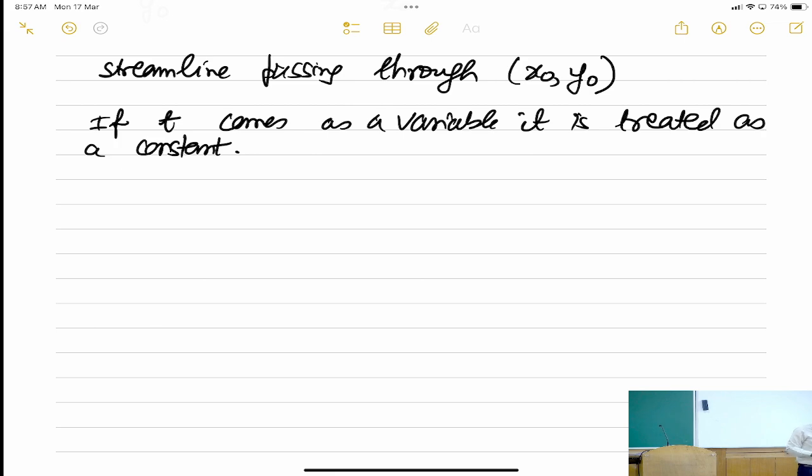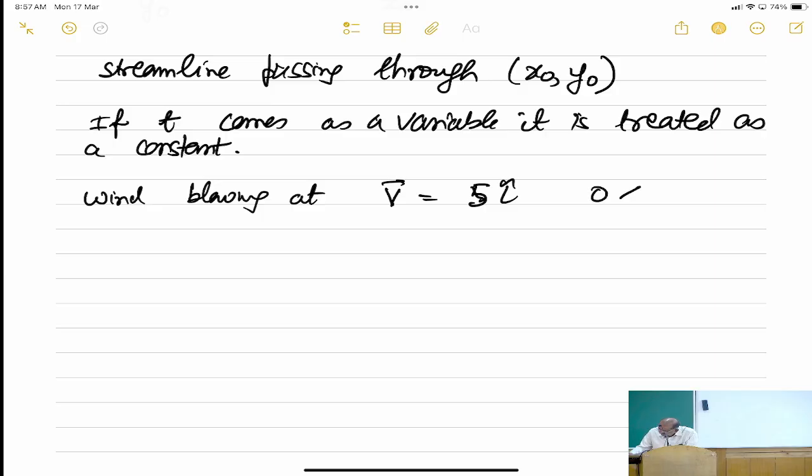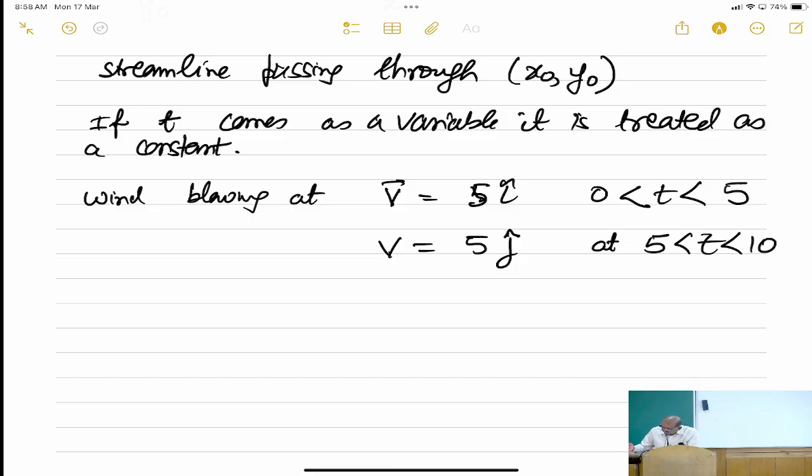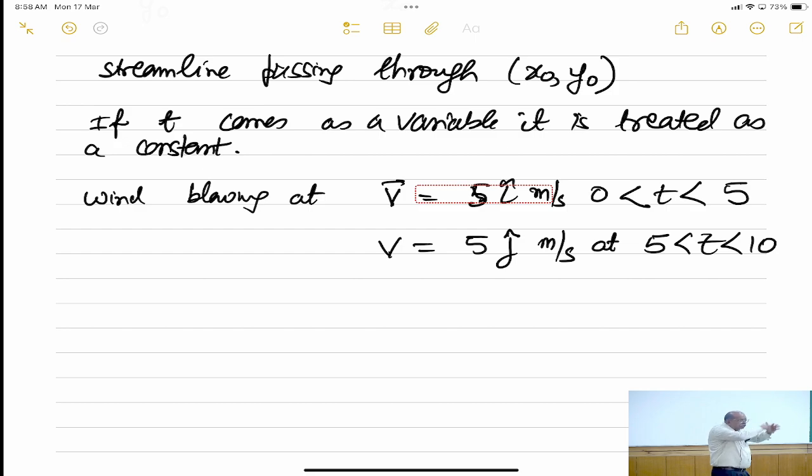Let's suppose that initially we have air blowing at a velocity of 5 meters per second from 0 to 5, and then it suddenly changes direction.